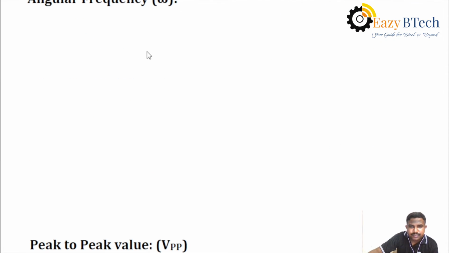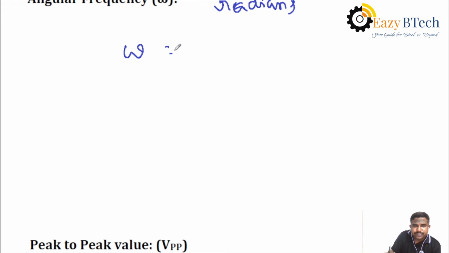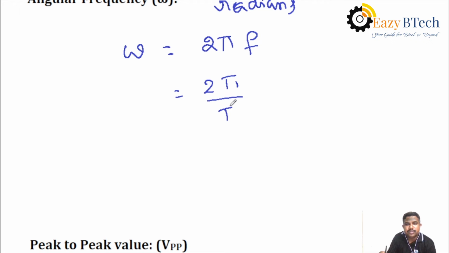Then, what is angular frequency? It means the frequency represented in electrical radians. The angular frequency is 2 pi radians per cycle, that is 2 pi f, or 2 pi by T, since f equals 1 by T. Like that, you calculate the value of angular frequency.